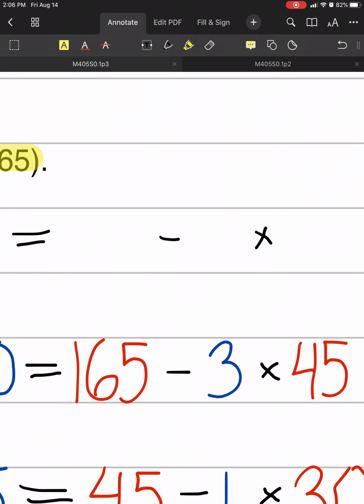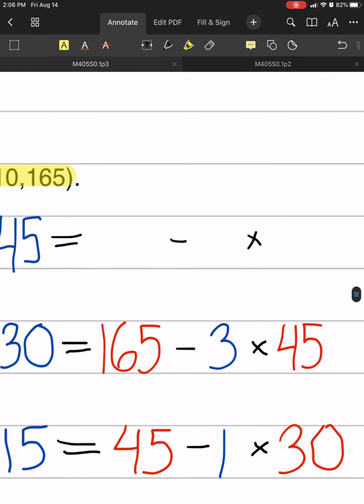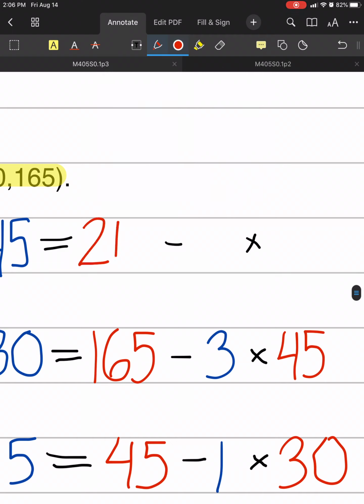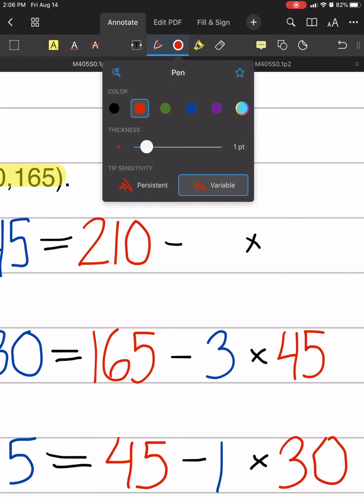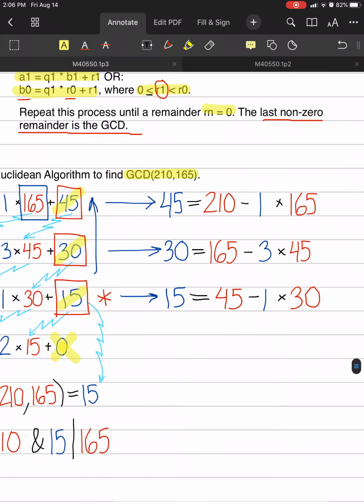And if we rearrange this equation, it should be 210 minus 1 times 165. So you'll notice I've rewritten all of these in terms of solving them for the remainder.